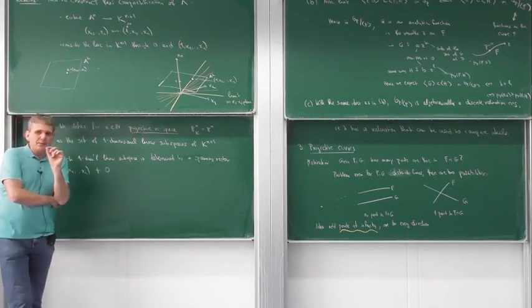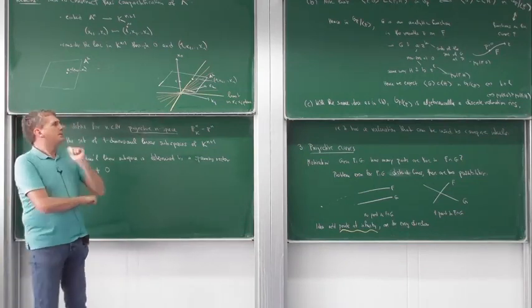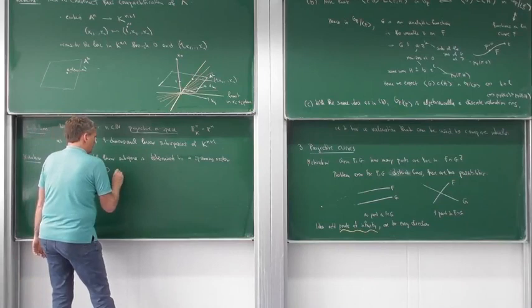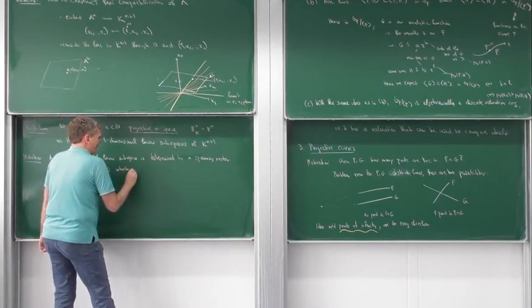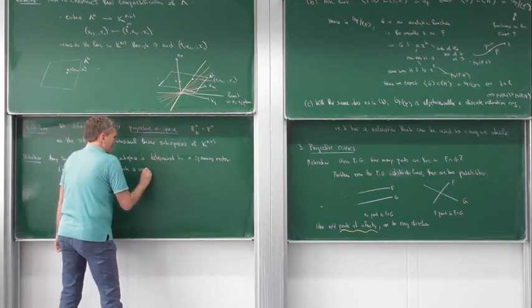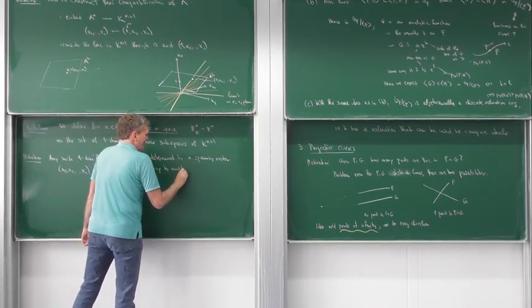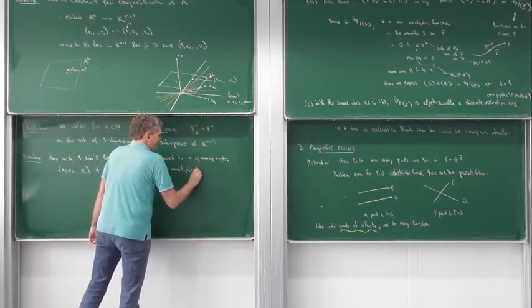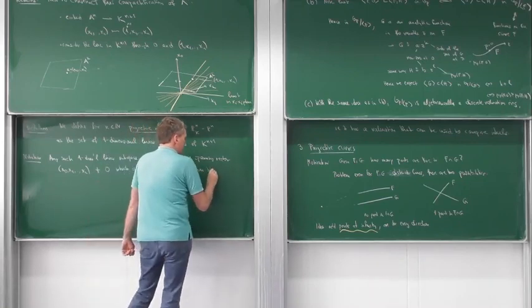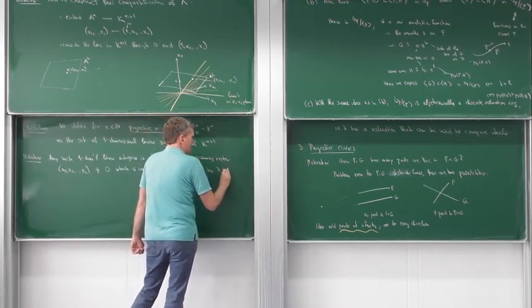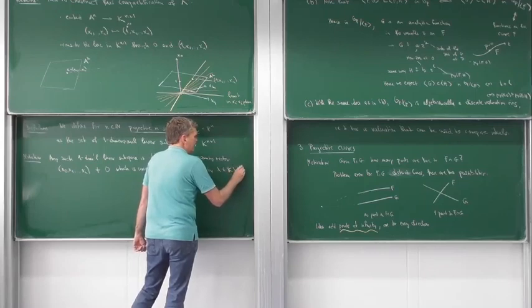And it's unique up to multiplication by a scalar, by some lambda which is in k, but not 0.